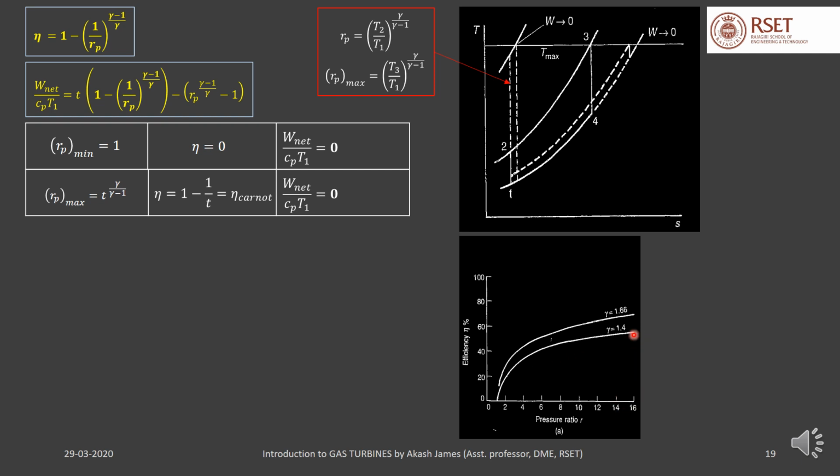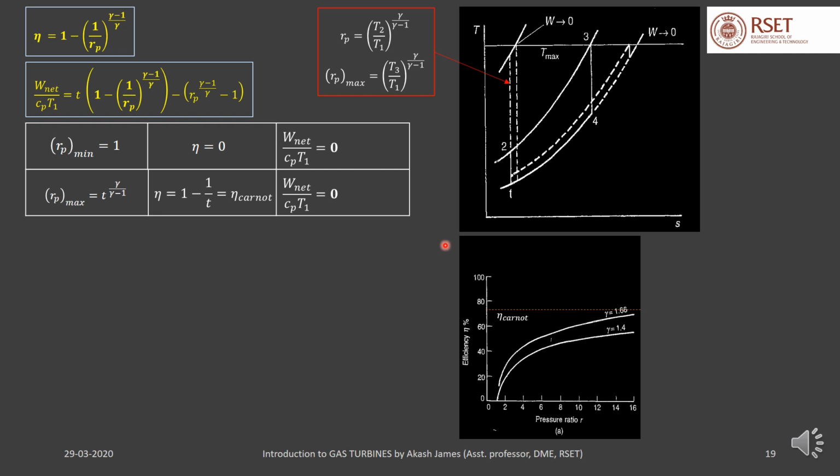There is a maximum pressure ratio where you get the maximum possible efficiency, that is the Carnot efficiency. So that is a limiting case. So when gamma is higher, it will reach the Carnot efficiency faster than when gamma is lower. That means when gamma is higher, the Carnot efficiency is reached at a lower pressure ratio than when gamma is lower.